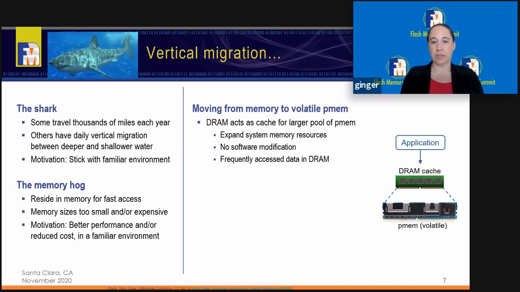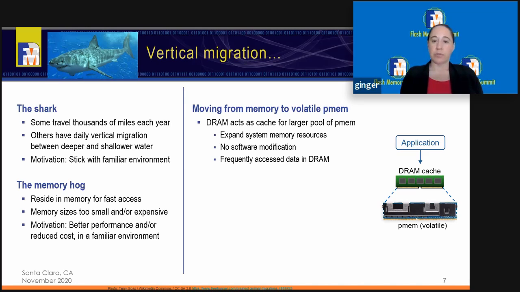So like I was mentioning, this is the data structure that you would move from memory to the volatile pool of persistent memory. As I've shown in the diagram on the right, the application has a DRAM cache, but it's getting data from the volatile pool of persistent memory.